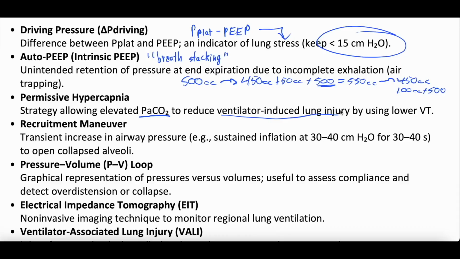So we will drop their tidal volumes lower, 6 cc's, 5 cc's per kg, and target a certain plateau pressure. We have a whole series on ARDS too, so check that out. But we'll allow them to have some permissive hypercapnia. We won't try to aggressively make their carbon dioxide normal because by doing so, we'll cause more lung damage. So instead, we let the carbon dioxide stay a little high if it means that we can have better control of any injury to their lungs.